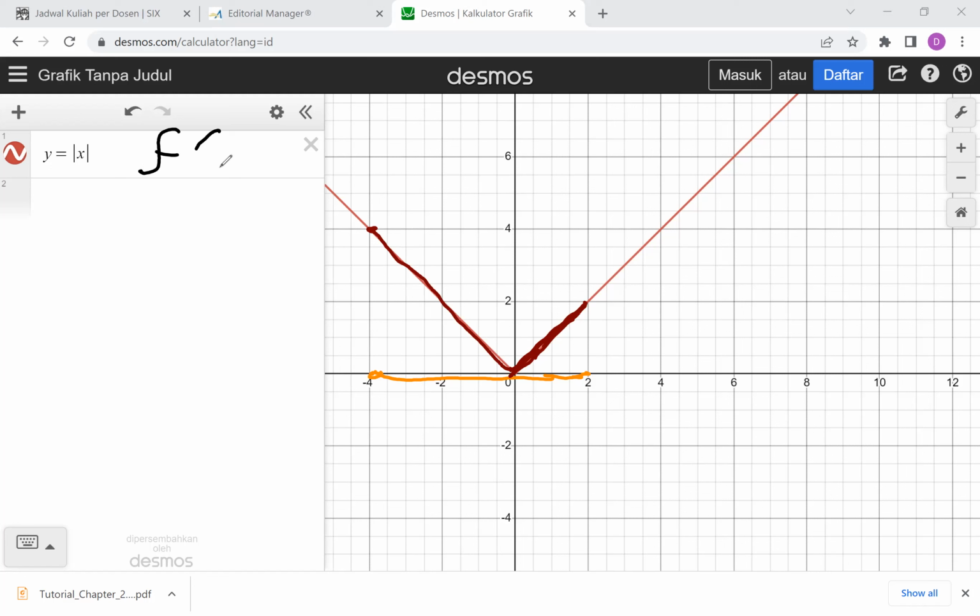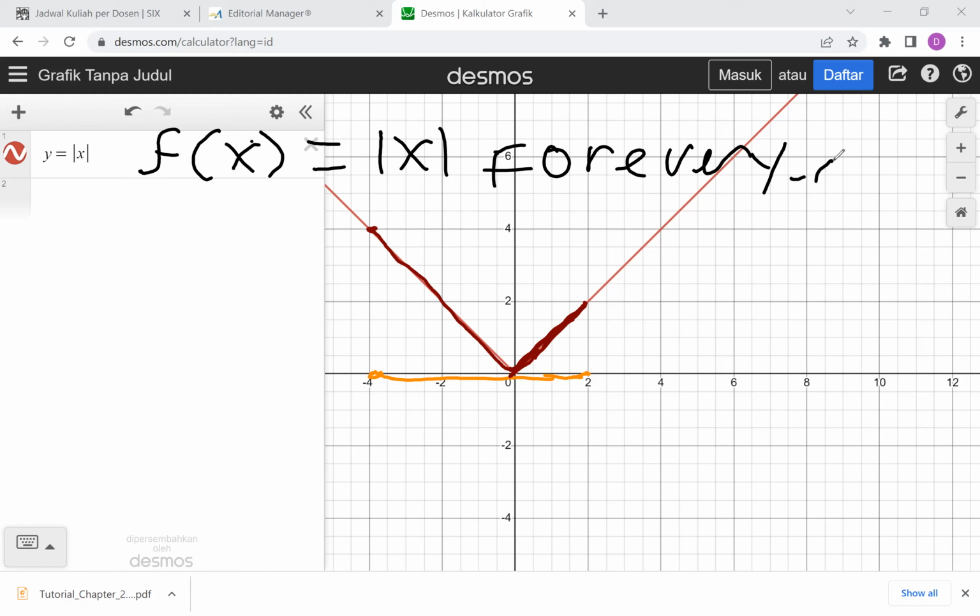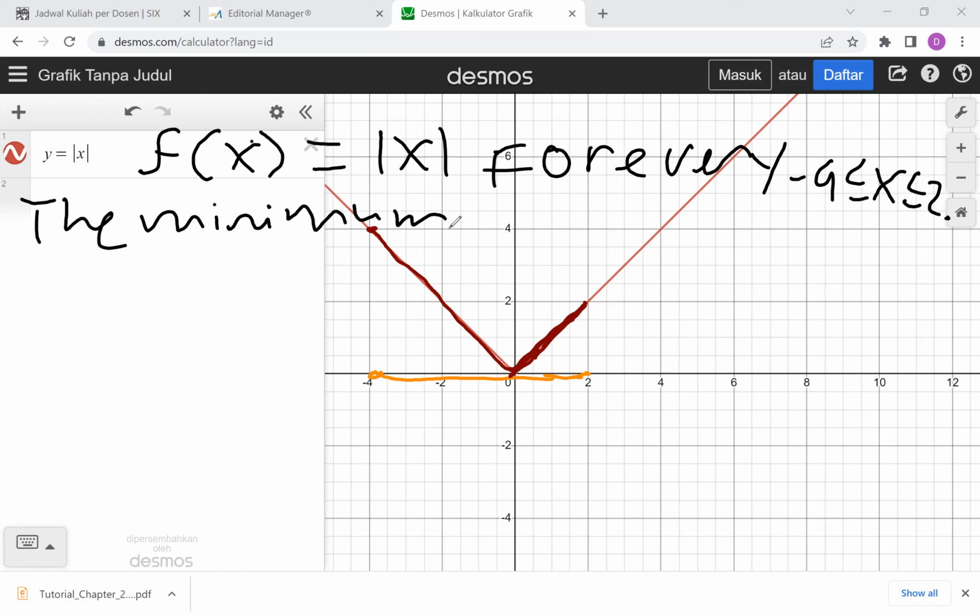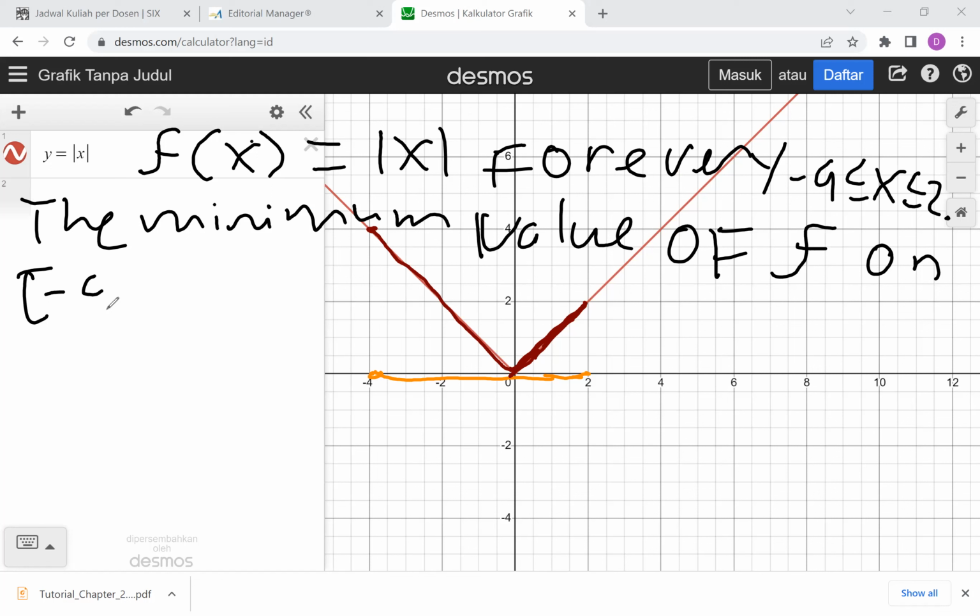So let f of x equal the absolute value of x, but we only concentrate on every x in the interval -4 until 2. Then the minimum value of f on the interval [-4, 2] is again 0, f(0). But what is the maximum value?